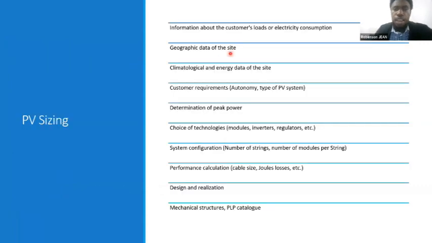Now for the PV sizing. For the PV sizing, there is information that we need. Information about the customer's load, like the electrical consumption of the customer. And we have to harness the geographical data of the site in order to have climatological data like temperature, wind speed, and irradiance.